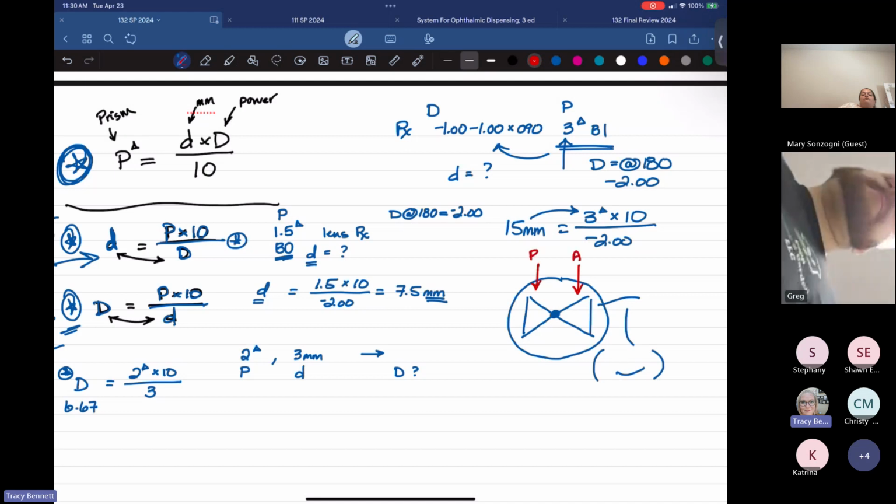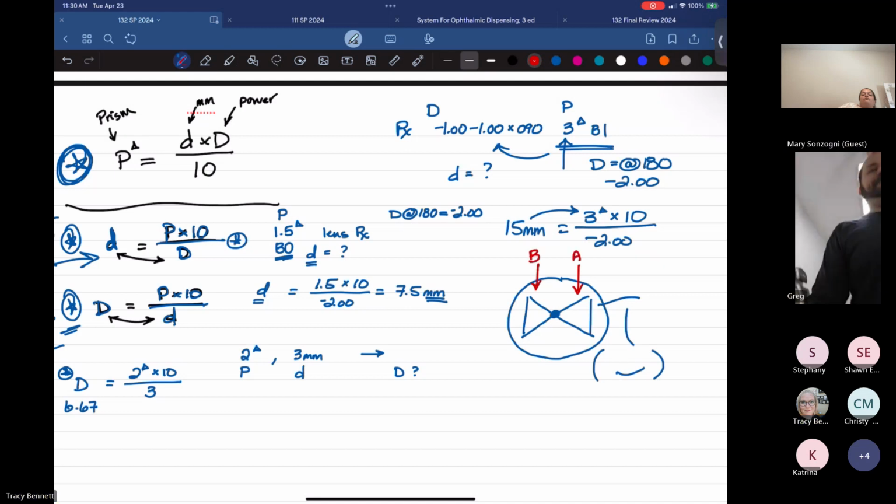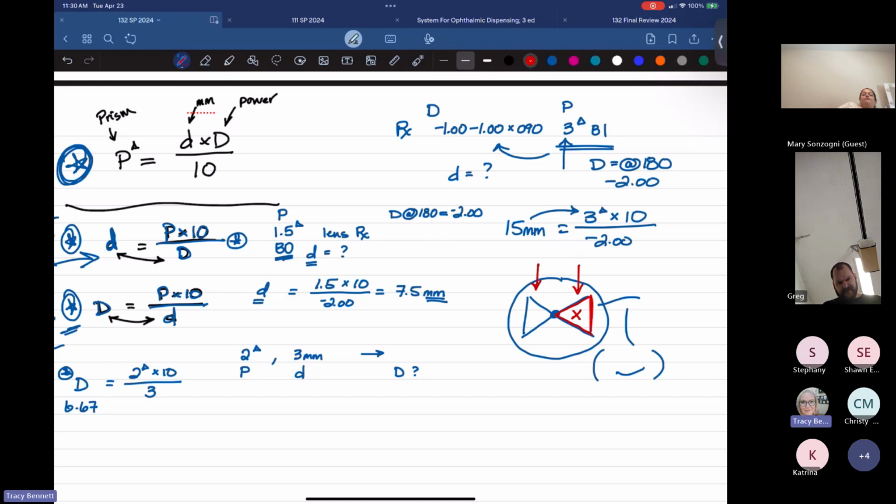A or B? If we need them to be looking through 3 diopters of base in prism. A. Correct.